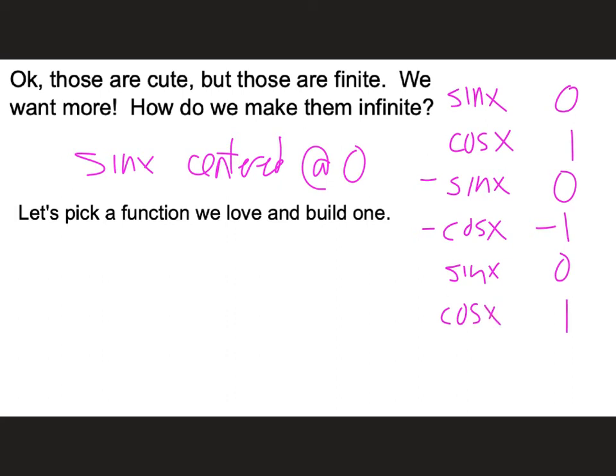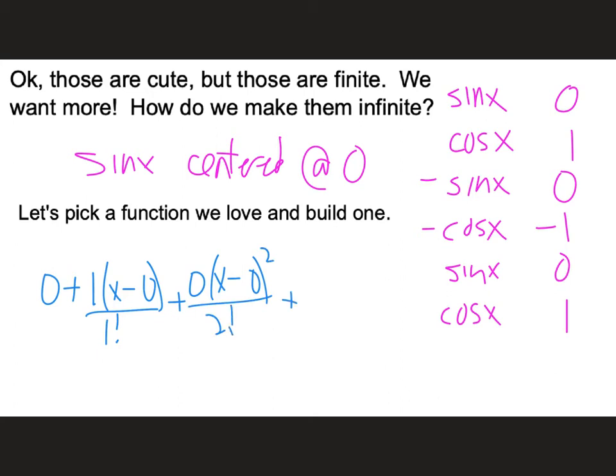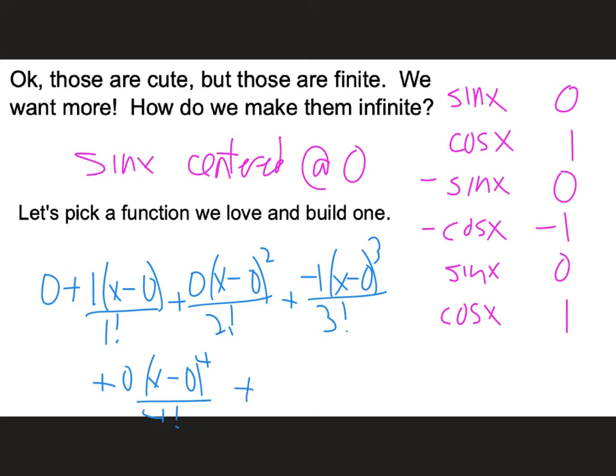So let's go ahead and write down what this is. So f of 0 plus f prime x minus 0, that's a 1, over 1 factorial, plus f double prime x minus 0 squared over 2 factorial, plus f triple prime x minus 0 cubed over 3 factorial, plus f quadruple prime x minus 0 to the 4th over 4 factorial, plus f, the fifth derivative.